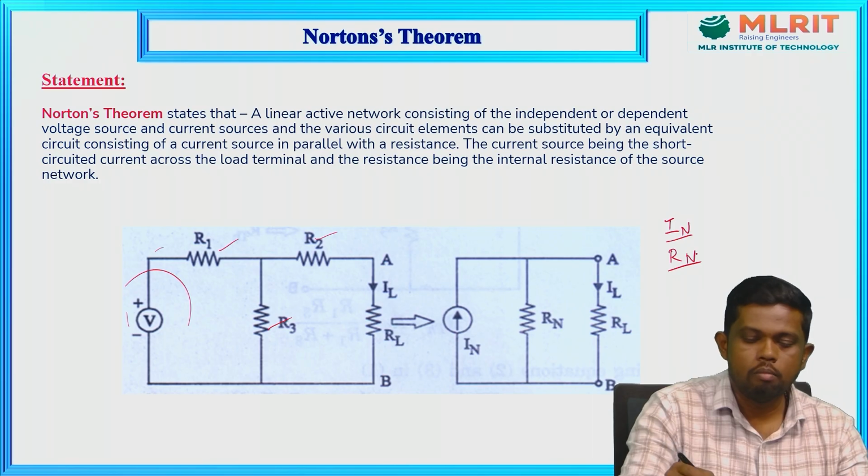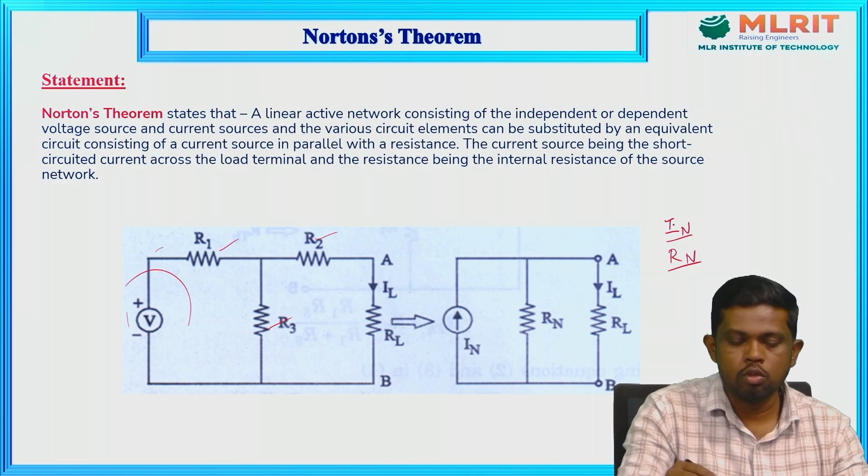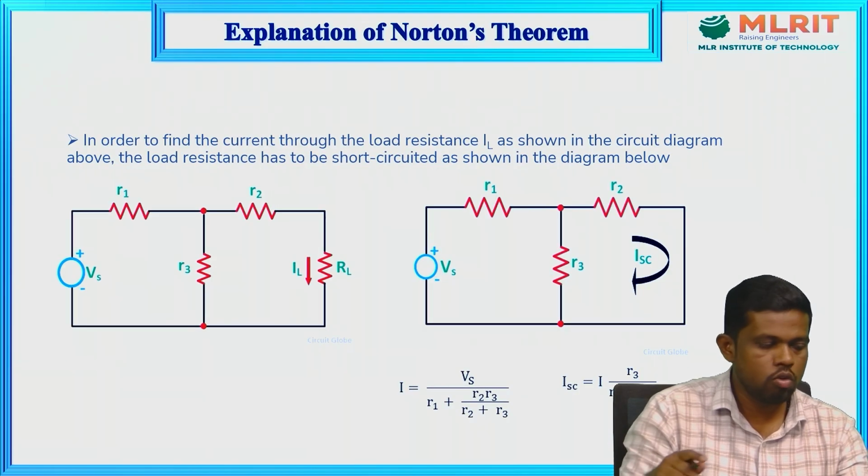By determining these two Norton's parameters, we can replace any kind of complex network with the simple Norton's equivalent circuit. Let us go through one example.